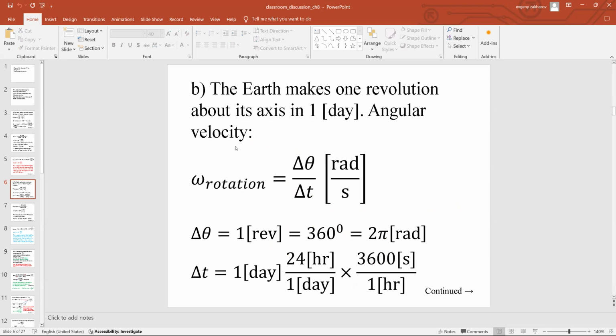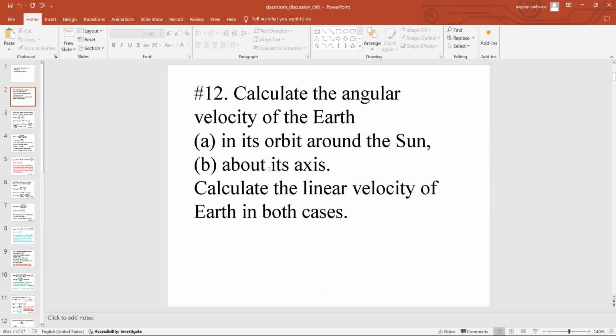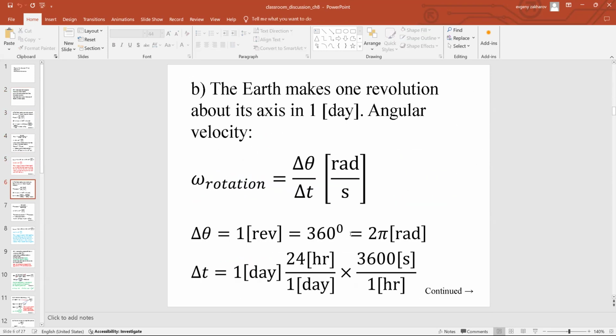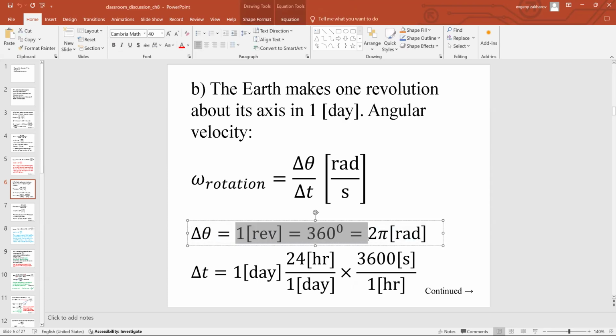Now it's Earth with respect to its axis. Part B asks about its axis and how much time for one complete revolution around our own axis. I'm pretty sure you notice day and night. The change between day and night, it's 24 hours for one complete revolution. So once again, one complete revolution, 360 degrees, 2 pi radians.